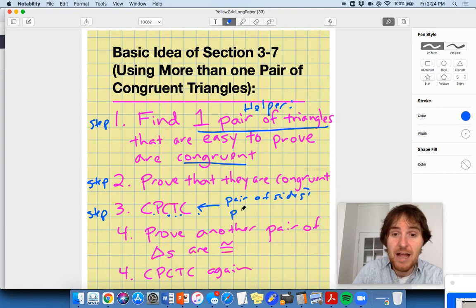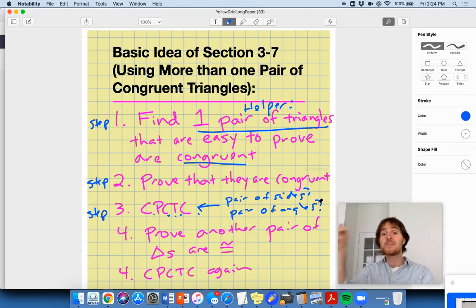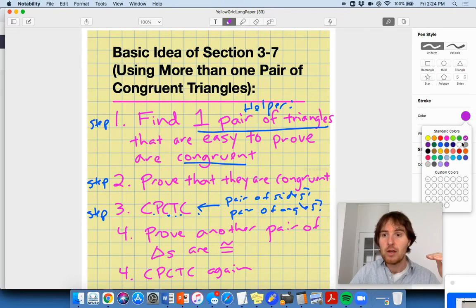Do you need to find a pair of angles that are congruent because they're corresponding parts of congruent triangles? You will navigate that when you do the problems themselves too, okay? So you might just write CPCTC down in your reasons and then figure out what statement you need to say with CPCTC.